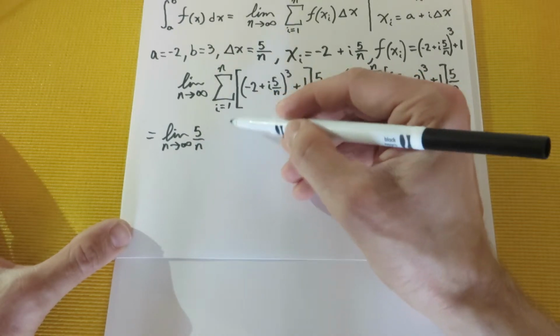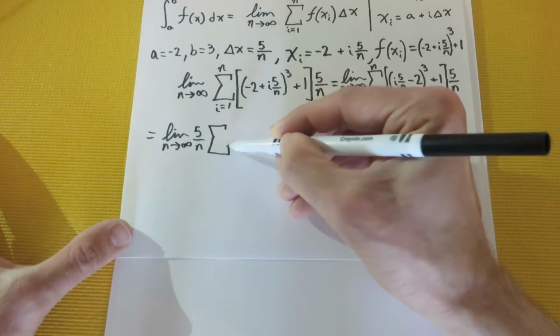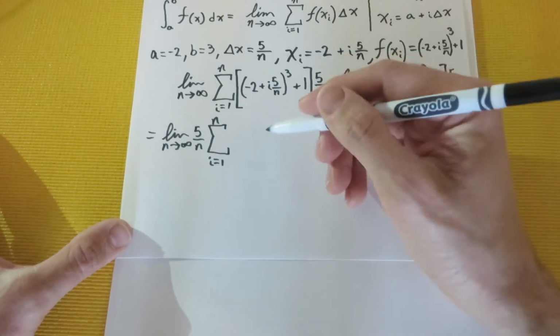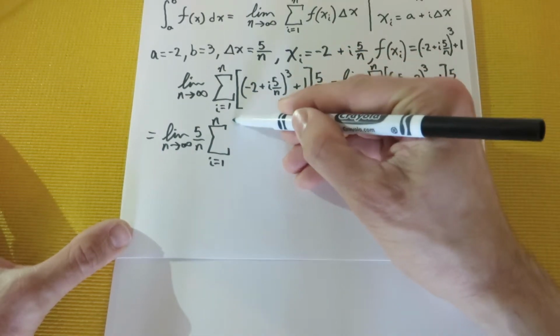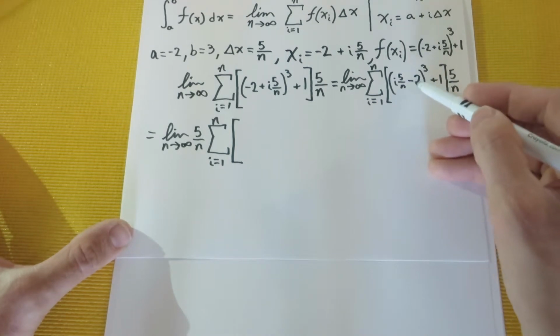We can do that because it's just considered some constant. The summation from i equals 1 to n. And I'm just going to expand what's in here.